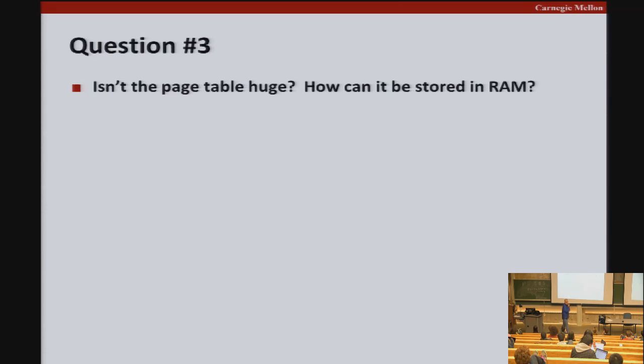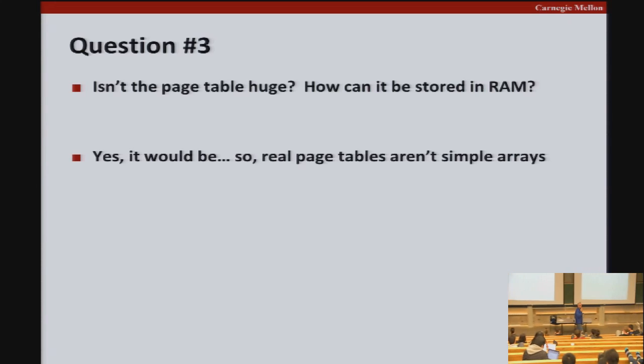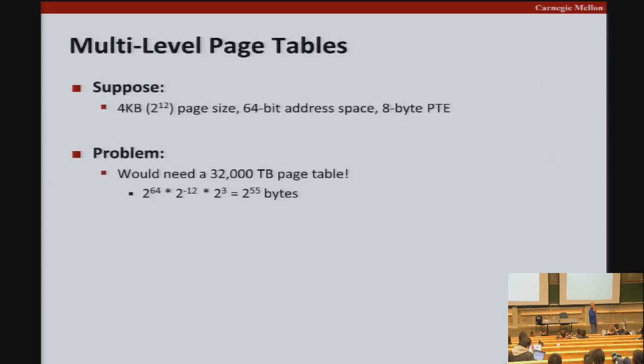So what I haven't talked about is how these page table entries are stored in main memory. If you think a little bit about a 64-bit address space, these page table entries can get quite large. Let's say we have a 4K page like we do on the i7.